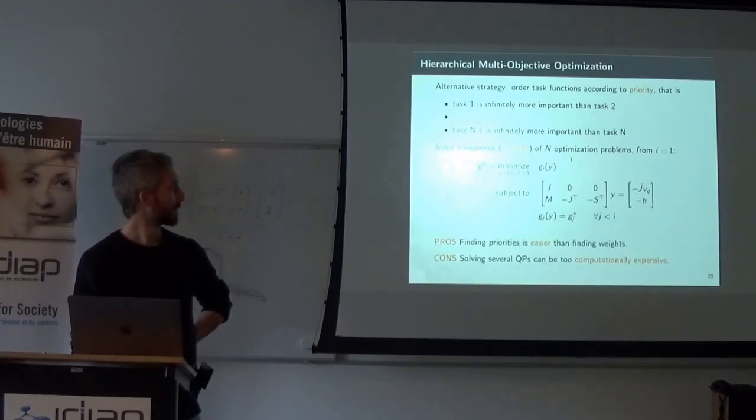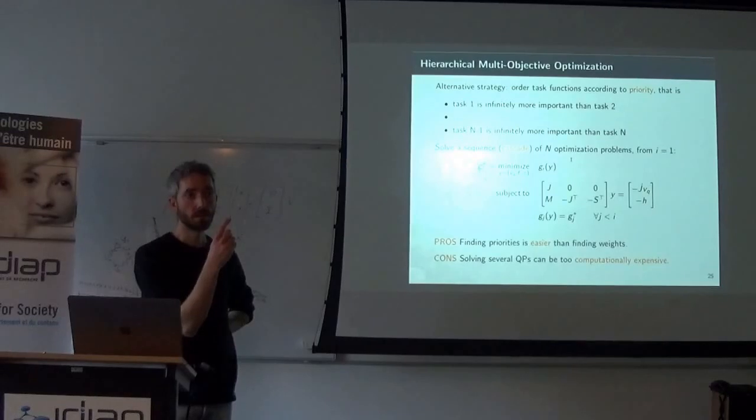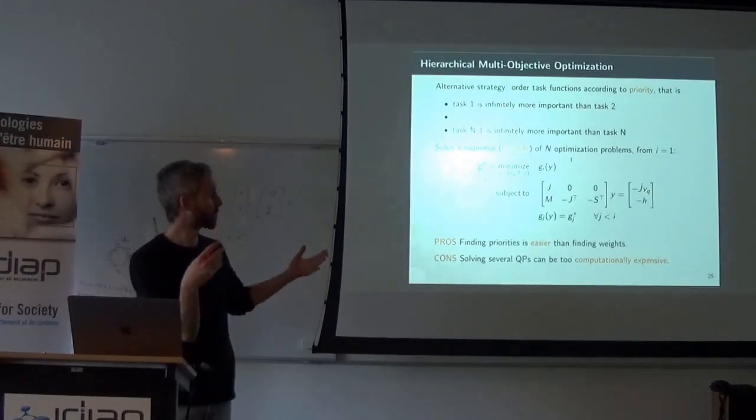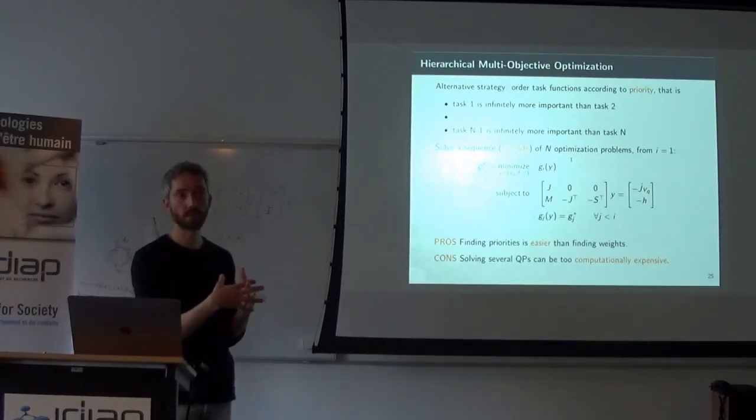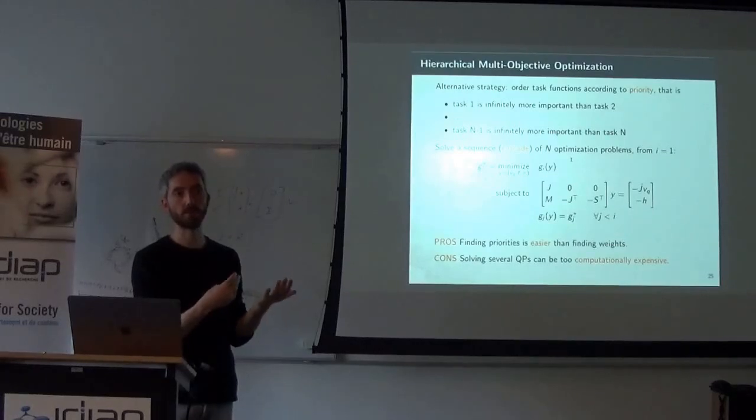So the second task has no solution. Do you mean the problem is infeasible? Yes. It cannot be. No. The only problem that can be infeasible is the first one. Because you may have constraints that are impossible to satisfy. But once you solve the first one, all the others by definition are feasible.